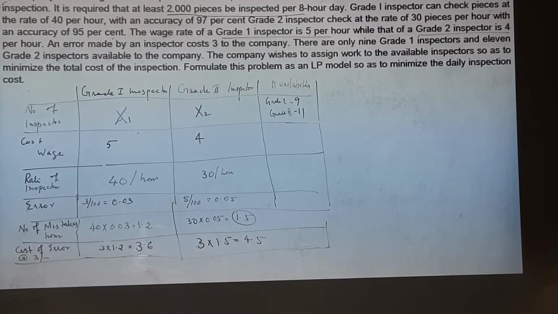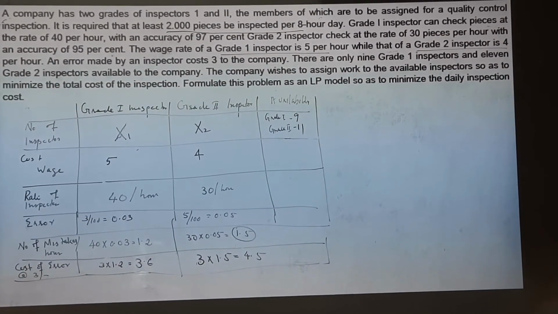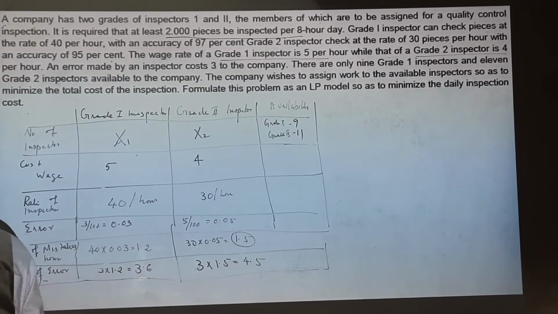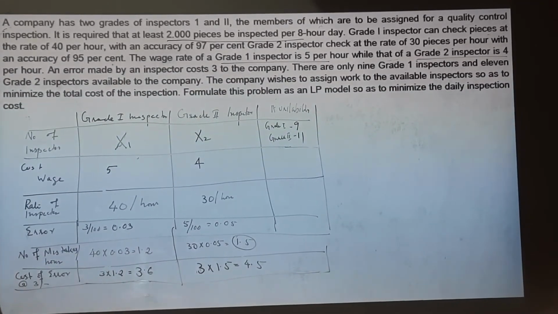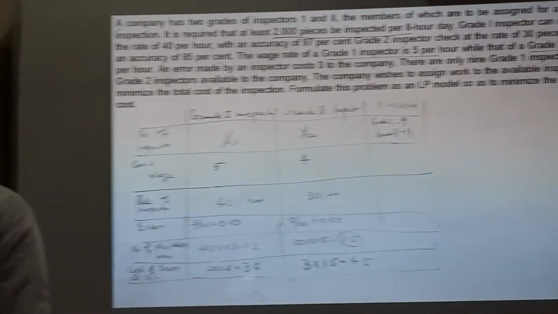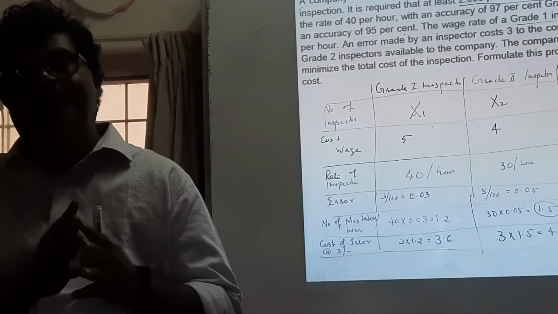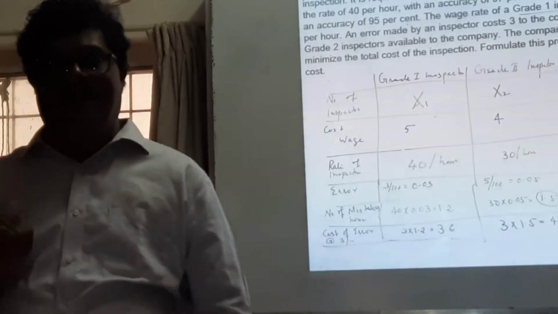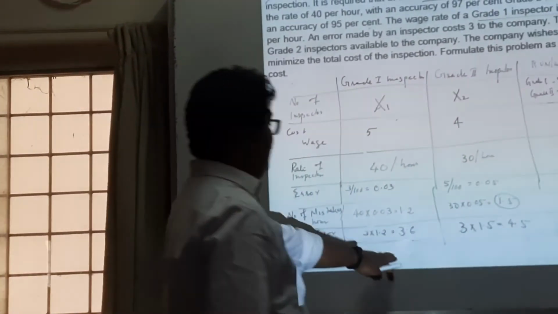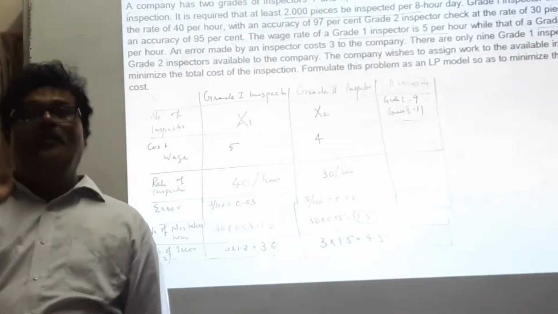So this is the total cost to the company because of the mistakes inspectors make by allowing the defective items to pass through the quality check. So this is 3.6 and this is 4.5.